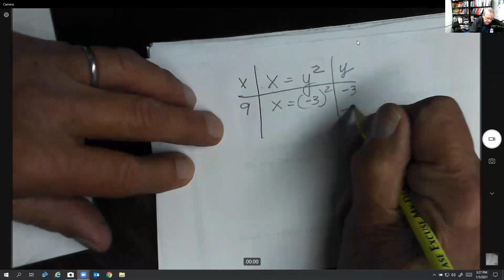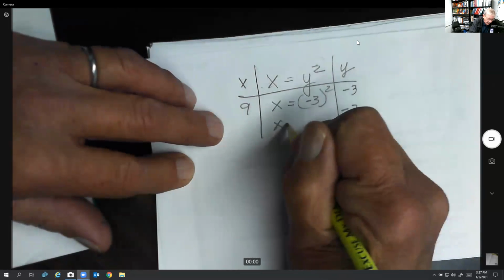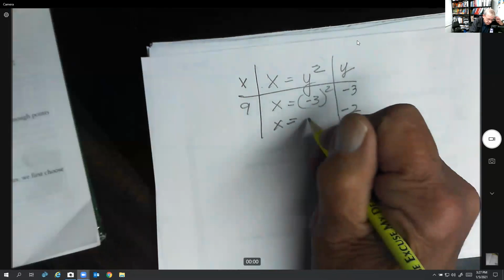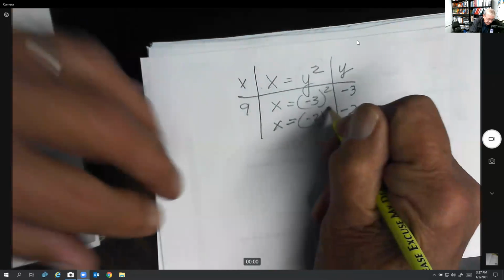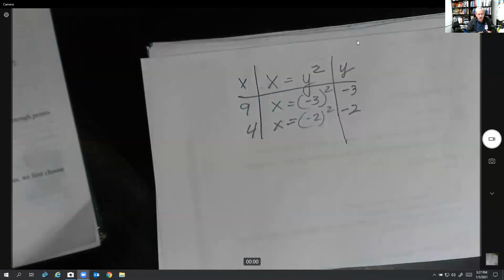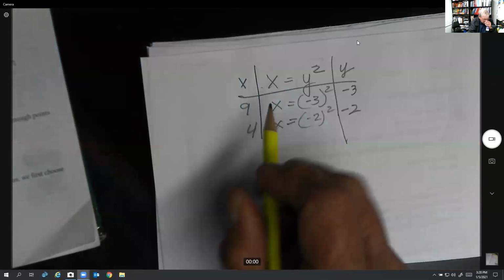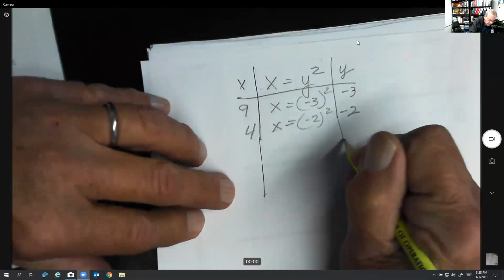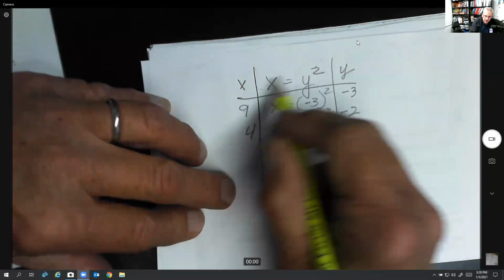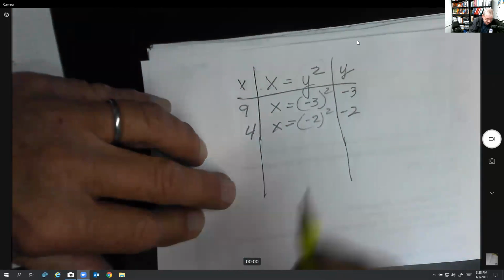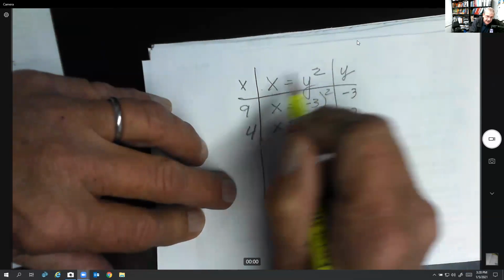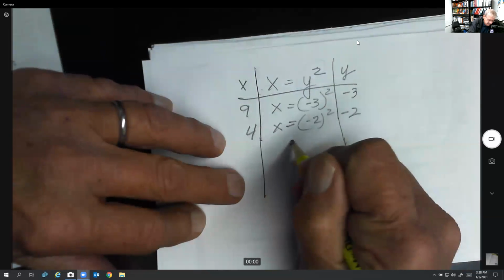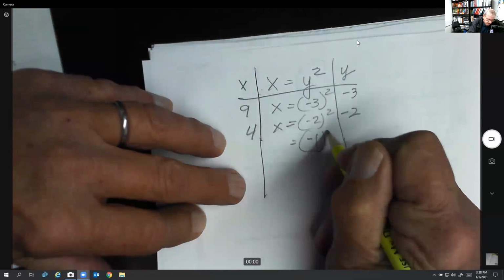Now I'm going to put in a negative 2 for the y value. Negative 2 squared is going to give me a 4. This way we don't have to, I mean, it would be hard to pick these numbers for x. So this is an inverse function, so we want to substitute for the y instead of the x. And sometimes it's a little confusing when you're not used to it.